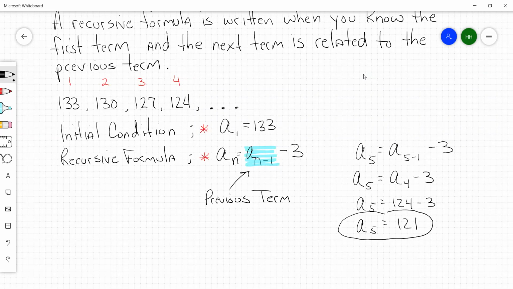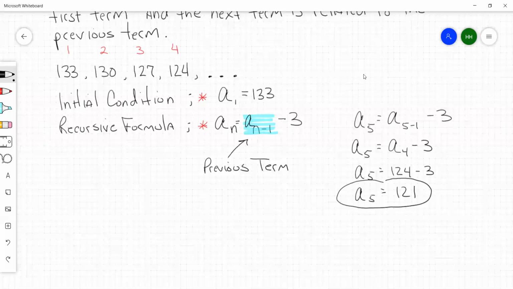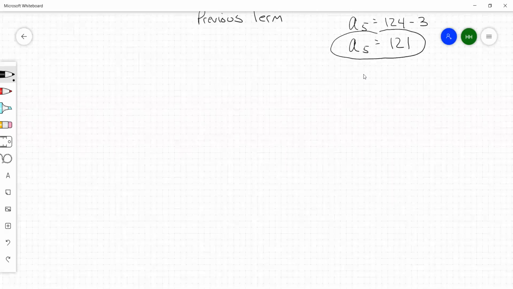So let's go back to writing an explicit formula. Or actually, let's do this right here. First set of problems you're going to have today, the directions are going to say, find the first 6 terms of each sequence.